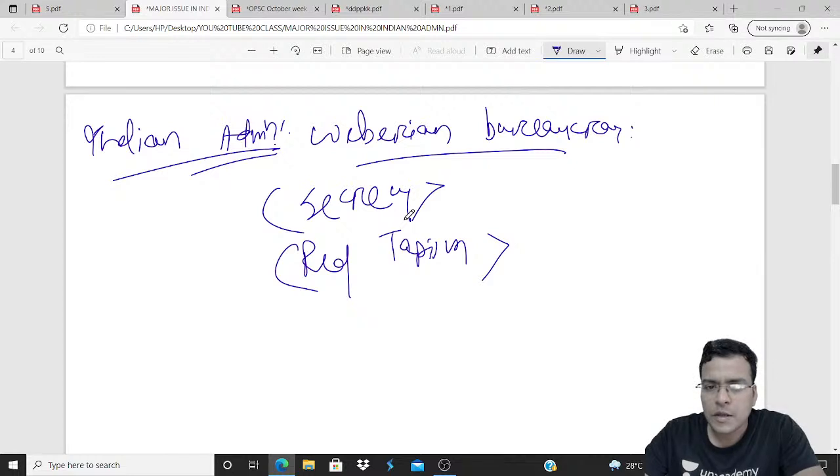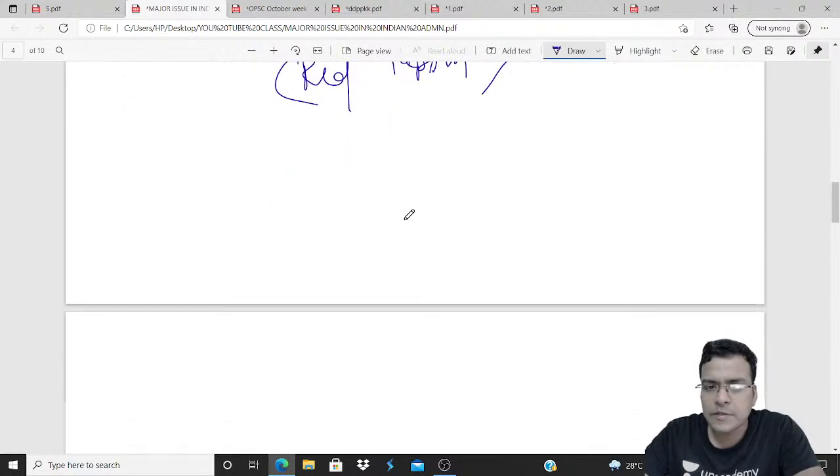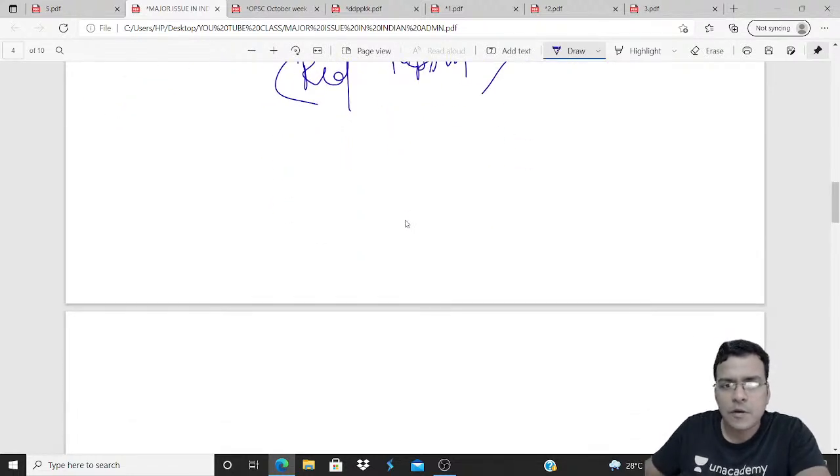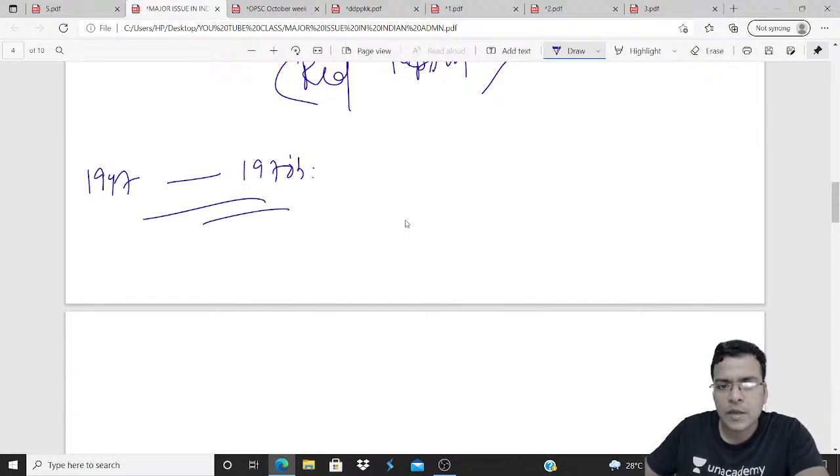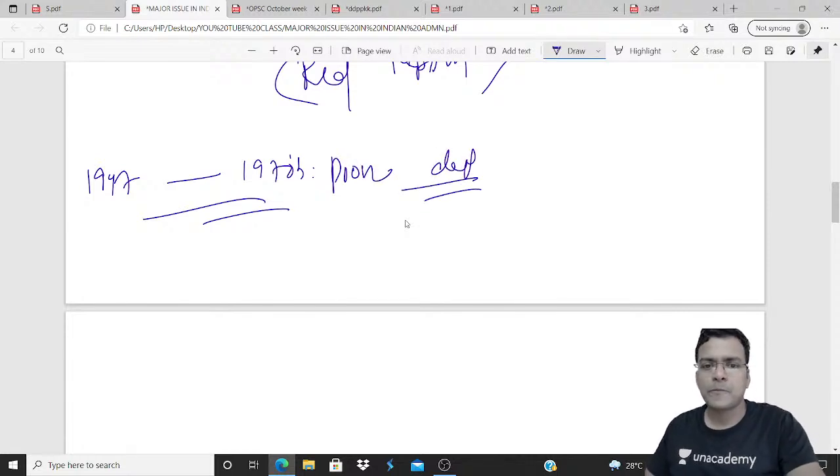So this is Weberian secrecy. Due to this, from 1947 till the 1970s, in India, poor development happened.